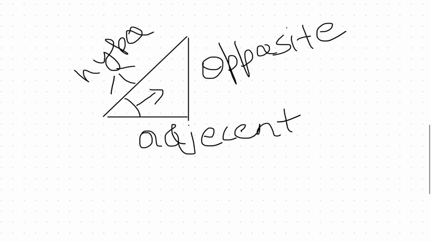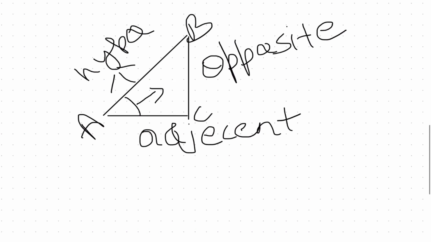Let me label this triangle as A, B, C. So let me build this triangle again, and we'll put on some values for the sides. Here we go. This is our hypotenuse, this is our opposite.